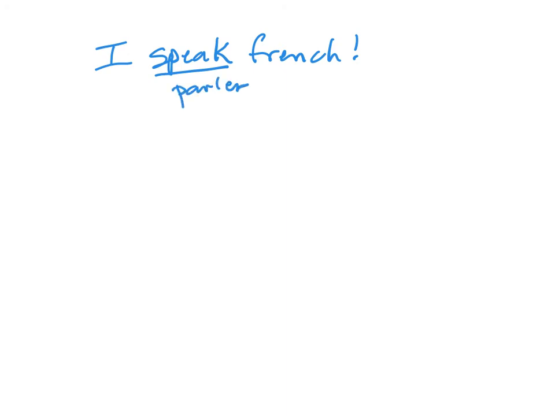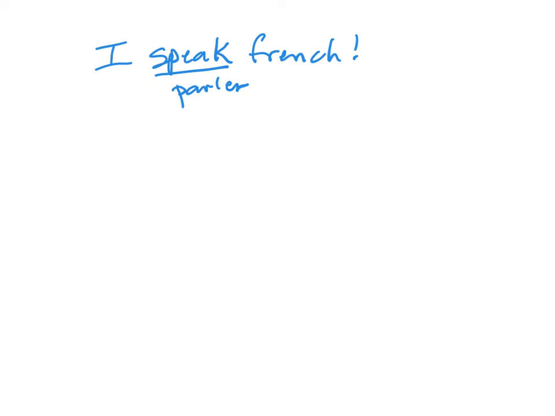If I was trying to decide I speak French, the same sentence that we're using every single time, let's ask ourselves the questions. Step 1. What house is speak in? Speak is parler. There's our bell.